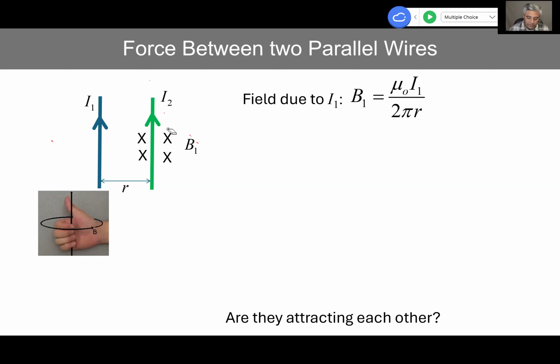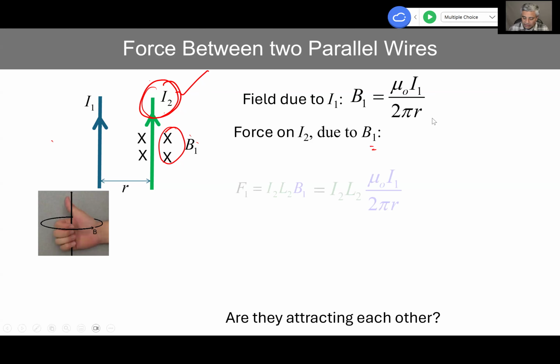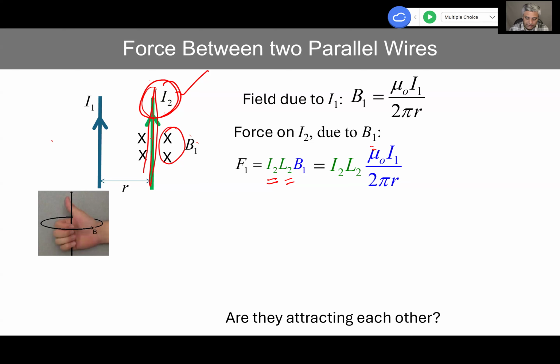So now let's focus on this field and the wire that has current I2, okay? The force on I2 due to this field B1, using this equation, is the current I2 times the length of this wire times the field coming from the other wire, so I can write that.